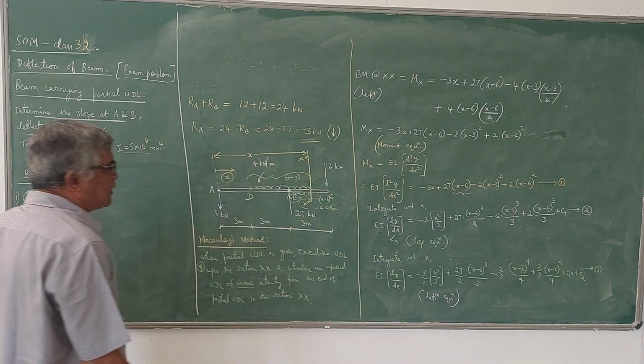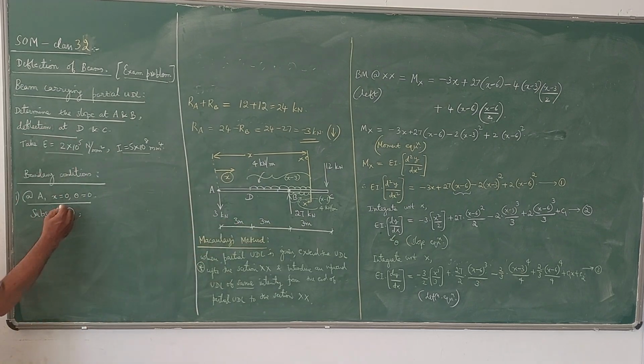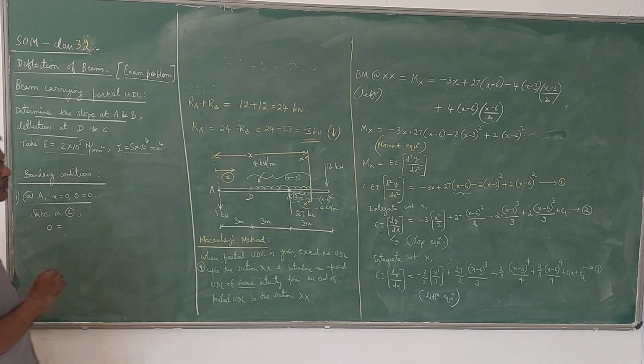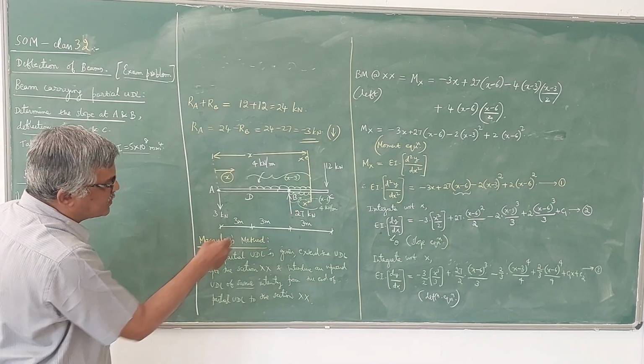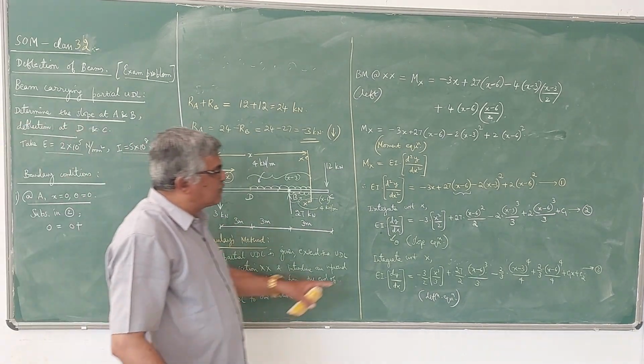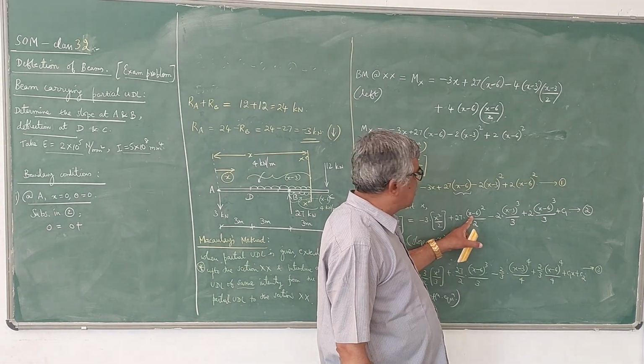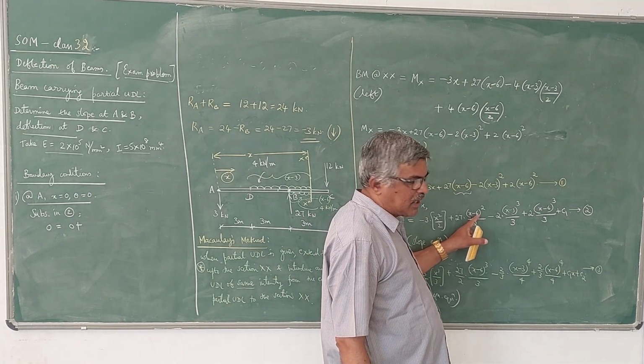So for this boundary condition, let us substitute in equation 2, EI into theta. Theta is 0 here, so everything becomes 0. With x equal to 0, the first term becomes 0. Second term, if you put x equal to 0, it becomes 0 minus 6, which is minus 6.